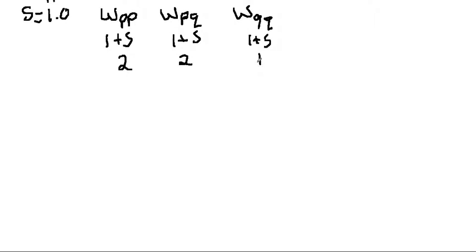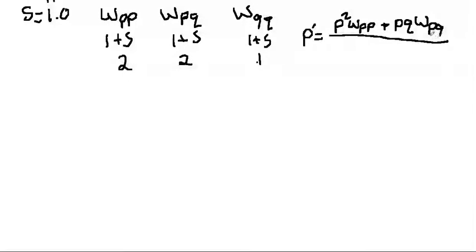Now the next thing we need to do though, because if you remember our equation for what the frequency of the P allele or the A1 allele is going to be in that next generation was P squared WPP plus PQ WPQ all over W bar, which is P squared WPP plus 2PQ WPQ plus Q squared WQQ.